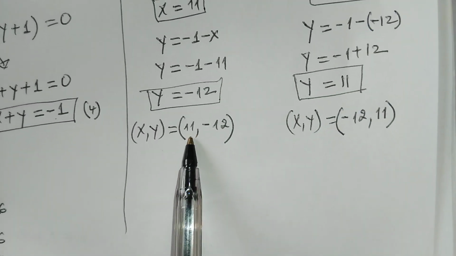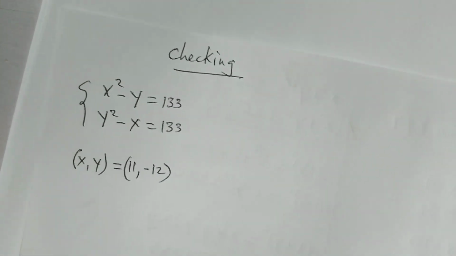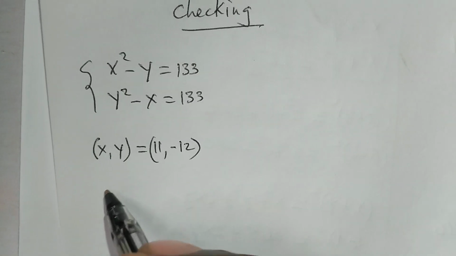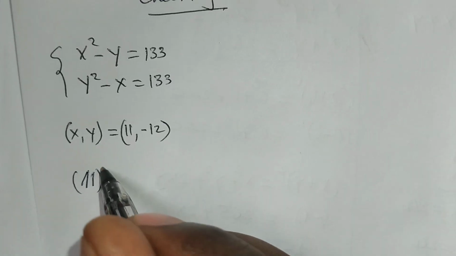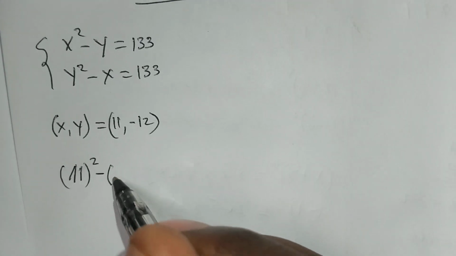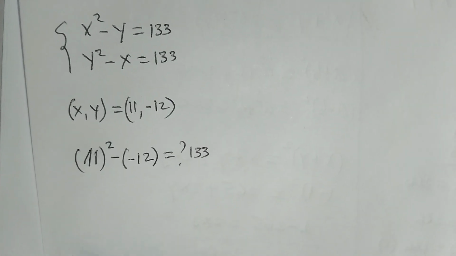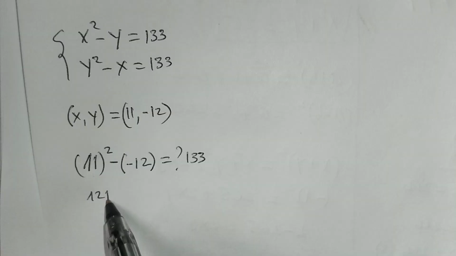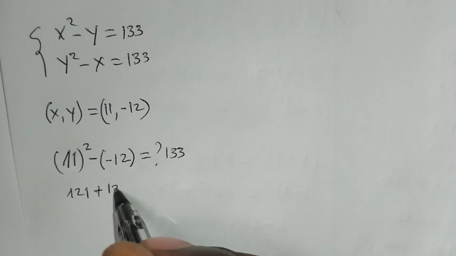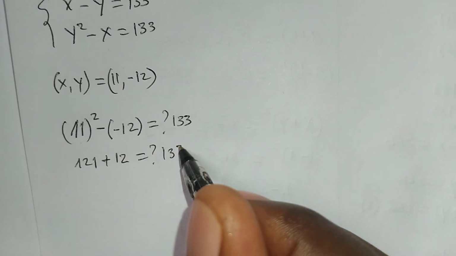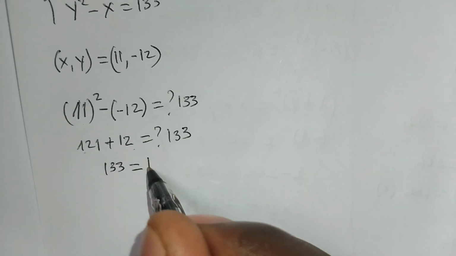So x square, which is 11 square, minus y, negative 12, is it equal to 133? This is equal to 121. 11 square is 121, plus 12, is it equal to 133? This is equal to 133.